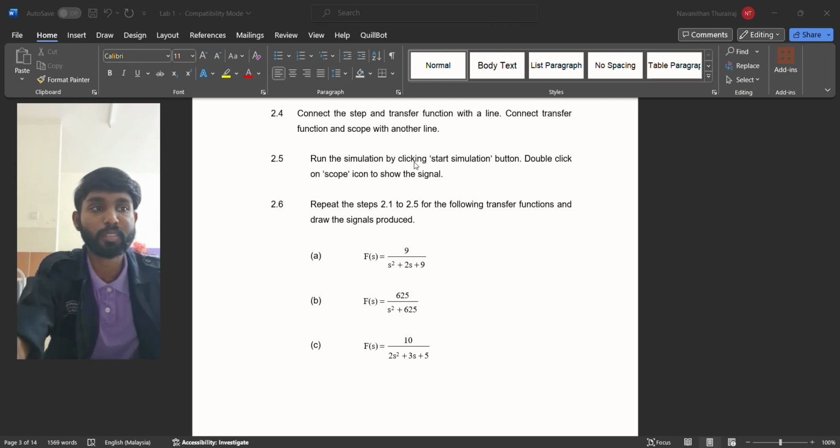So let us demonstrate. Step, we'll be placing it here. Then we'll be going for transfer function, choosing this one.